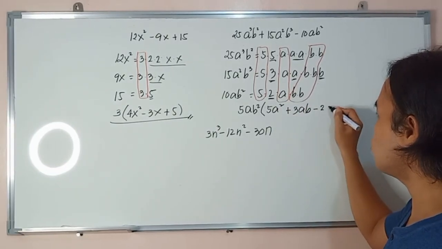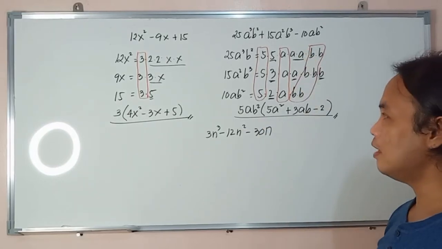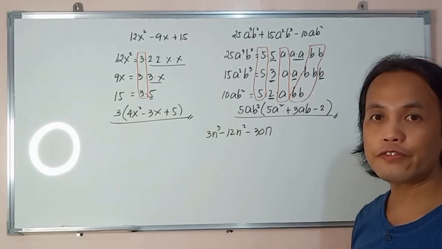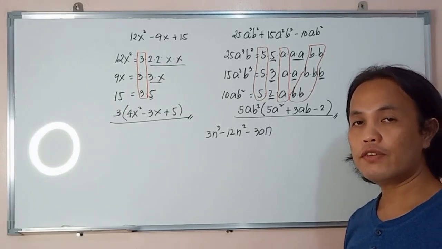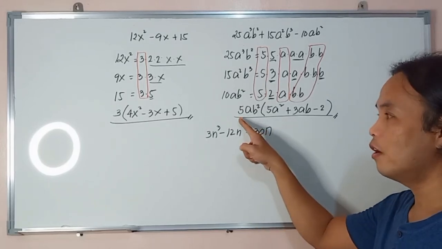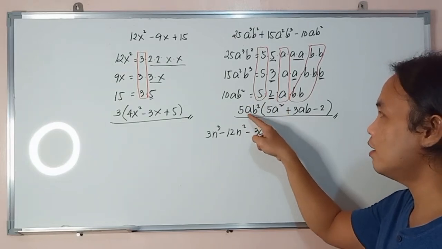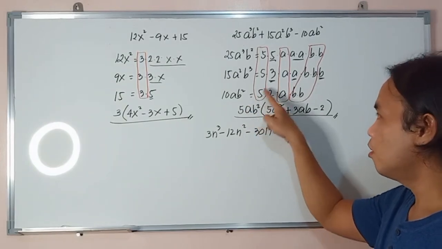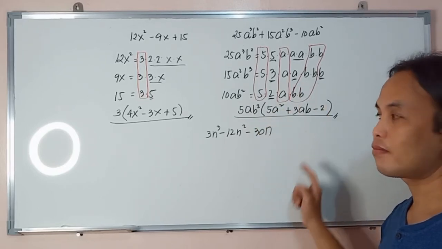So we write 2. So these are now the factors of this trinomial with a common monomial factor 5ab squared. Now again, if we want to check if this answer is correct, we can use the distributive property. We just distribute 5ab squared to the terms inside the parentheses. So this one is multiplied to the first term, multiplied to the second term, multiplied to the third term.